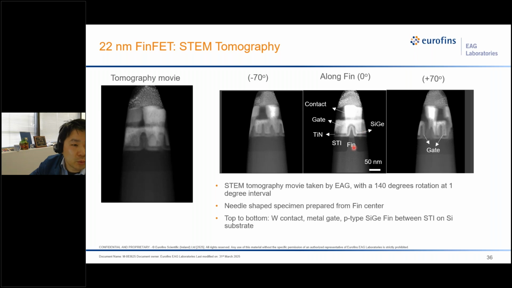So for Atom Probe, we further reduce the radius and remove the tungsten region as much as possible to get a similar tip specimen, but with much smaller radius, around 30 nanometers.